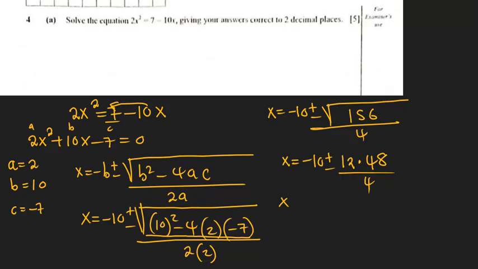So x is equal to minus 22.48 to 2 decimal places. Then minus 10 plus 12.48, so x is equal to 2.48. And you get your answer.